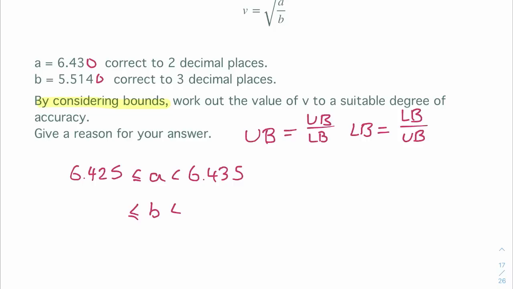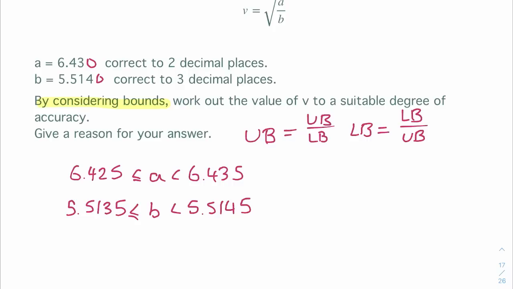There you go, it's just that extra 5 above and below. For B, you would have 5.514 and add a 5 on, and then we need to take that 5 off, so it'd be 5.5135 rather than 45. And there's our error intervals.